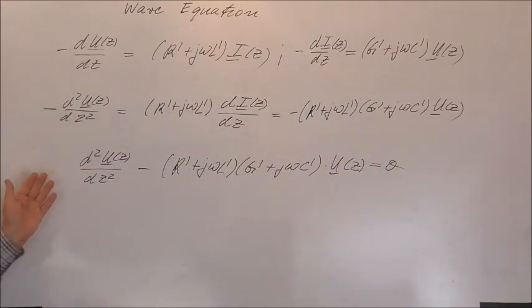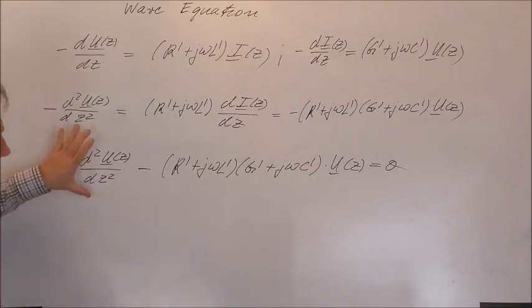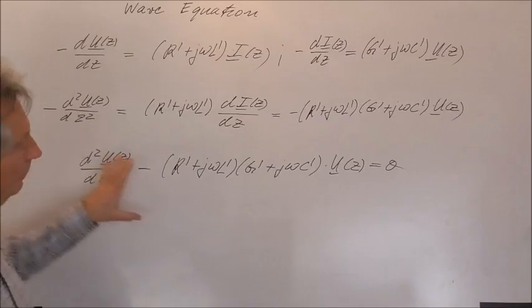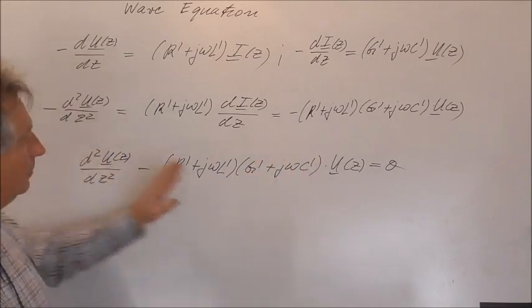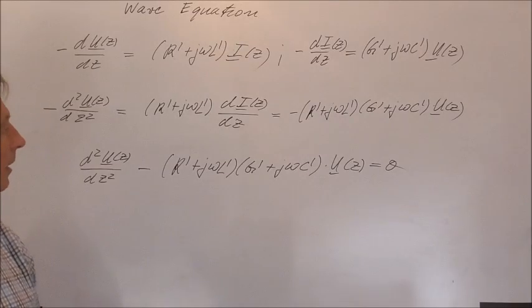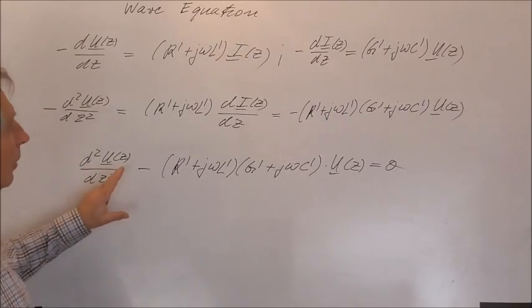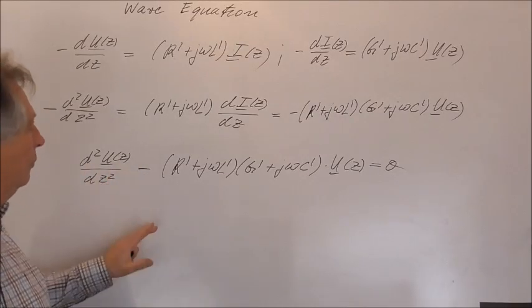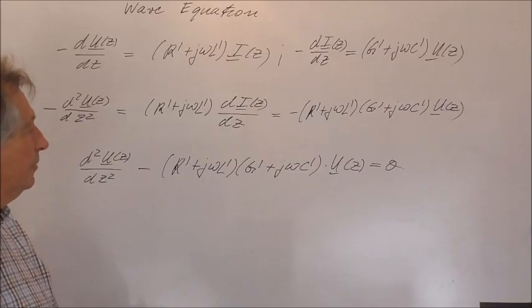This is a differential equation, of course. We see this as a second order differential equation, and it's homogeneous and the coefficients are constant. And the next step, we will use a so-called drive function to solve this equation.